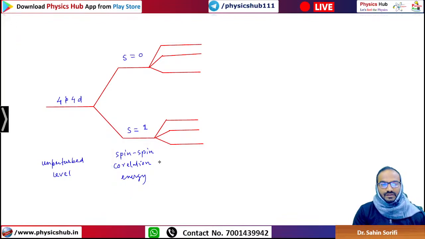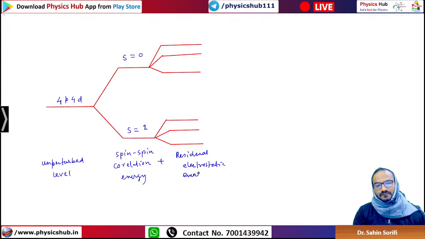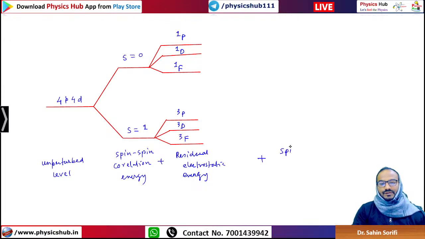And this is called the residual electrostatic interaction. Because of this, it is getting divided into 1p, 1d, 1f, and S equals 1, 3p, 3d, 3f. And further it gets split by spin orbit magnetic energy, LS coupling.